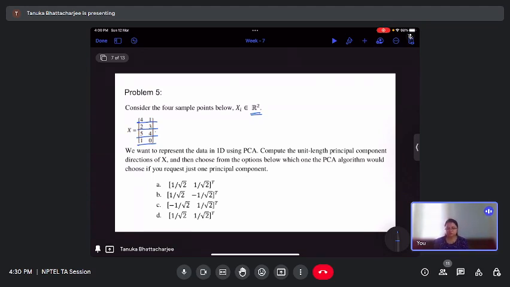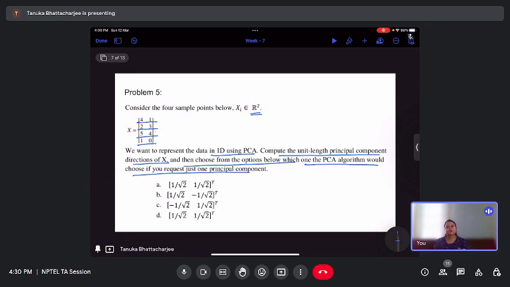Now you want to represent the data in 1D using PCA, a dimensionality reduction from 2D to 1D. Compute the unit length principal component directions of x and then choose from the options below which one the PCA algorithm would choose if you request just one principal component.